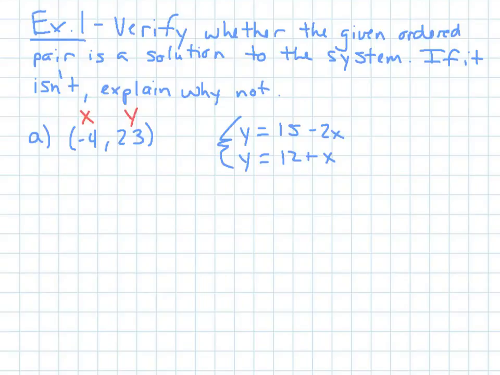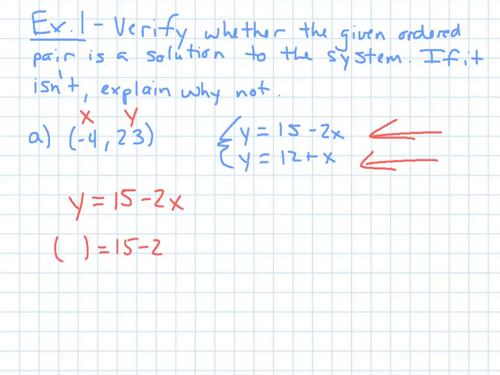So just to show you what we're doing, if I have y equals 15 minus 2x, and these are my two equations right here, I plug in x for the x part, the y for the y part. So x is right here, so -4 goes in for this part, and the y, 23, goes in for the y.